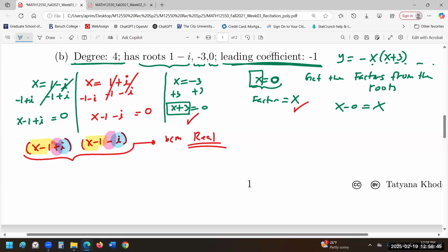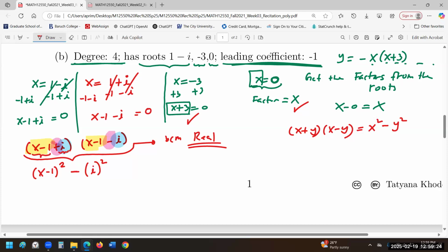So this is actually x minus 1 plus i and x minus 1 minus i. So they give us (x minus 1) squared minus i squared. This is the same as (x plus y) times (x minus y). When you multiply conjugates, you get the first one squared minus the second one squared. So our first one is x minus 1, so (x minus 1) squared. And our second term is i, so we get i squared.